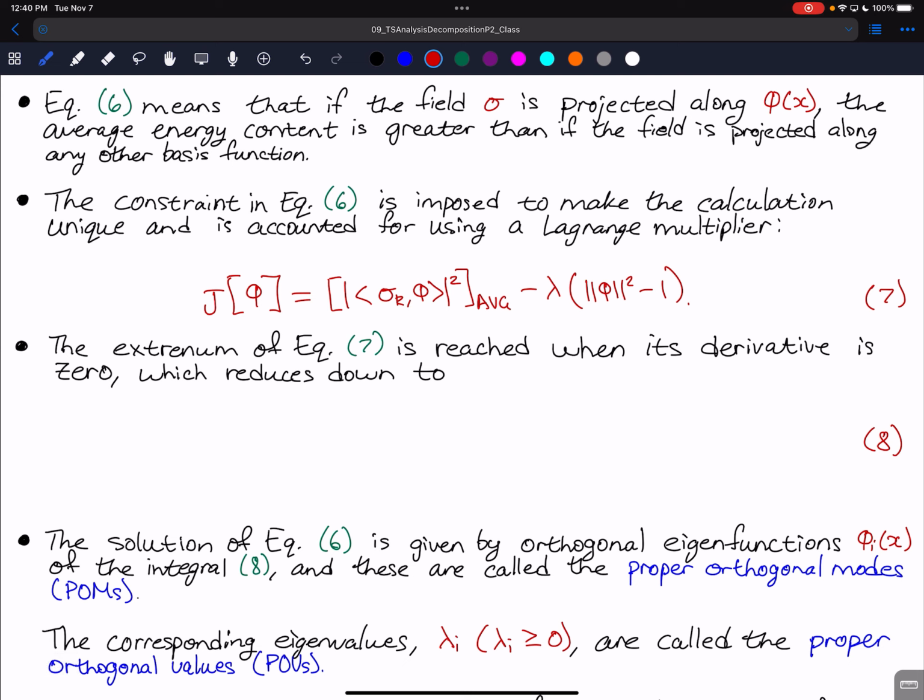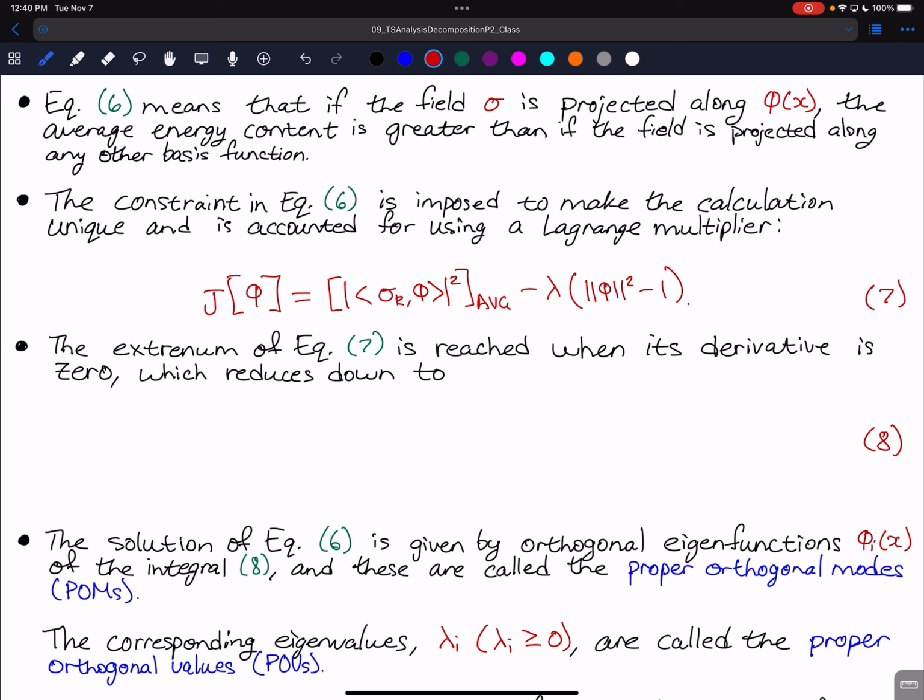Okay, so when you have a functional and we're trying to maximize it, the maximal value will be found when you take the derivative of that functional and set it equal to 0. Or the extremum of equation 7 is reached when its derivative equals 0.